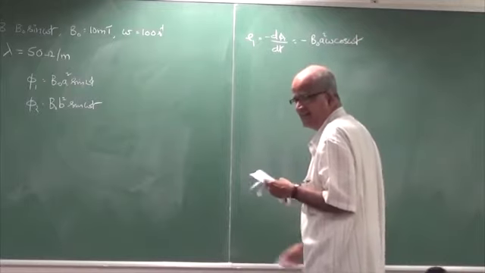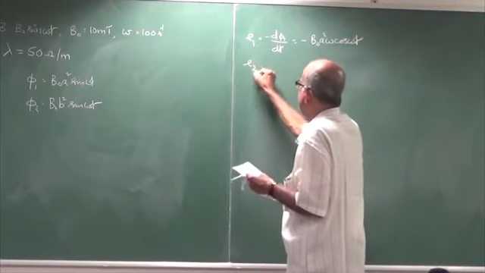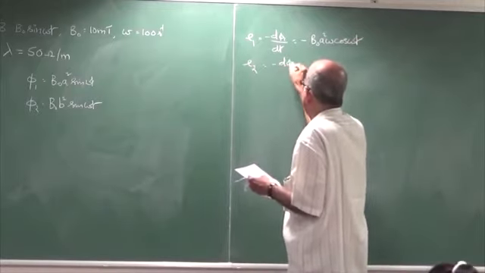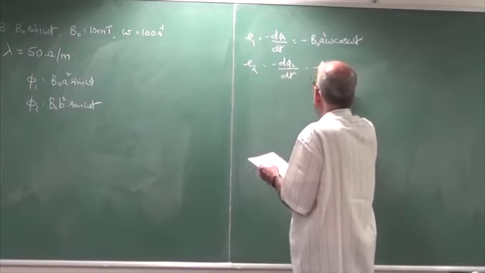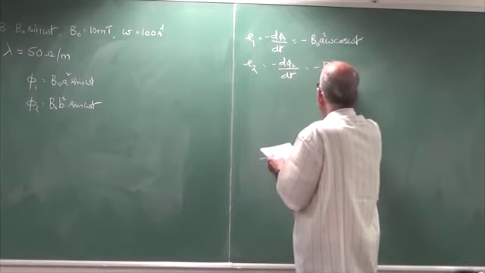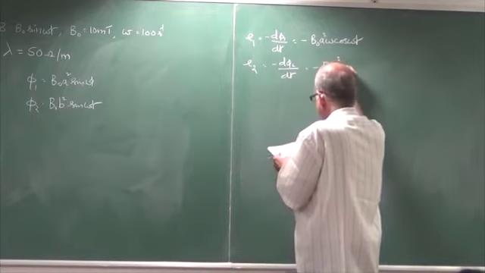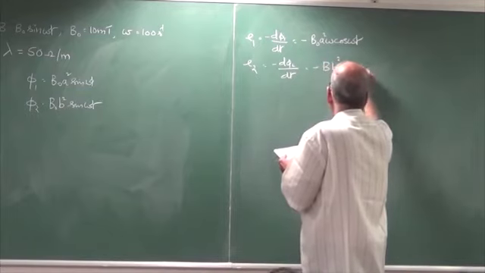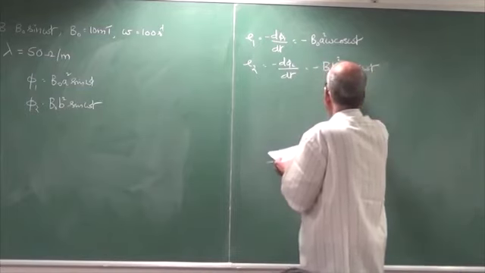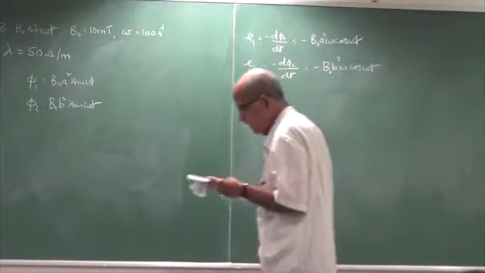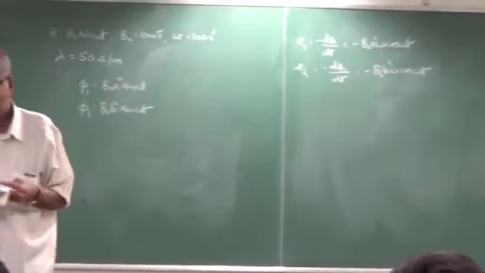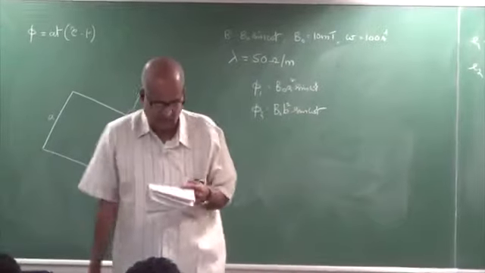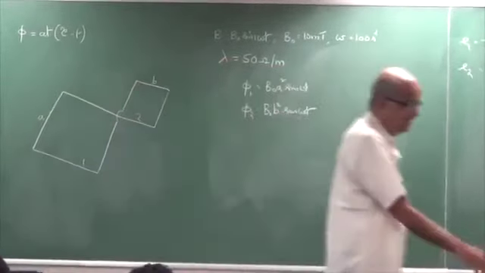Will you agree? The EMF induced in the second loop is minus d phi 2 by dt, which is minus B naught b squared omega cos omega t. Will you agree? Now, what is the net EMF?